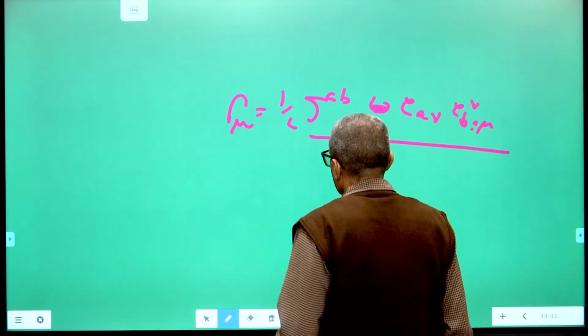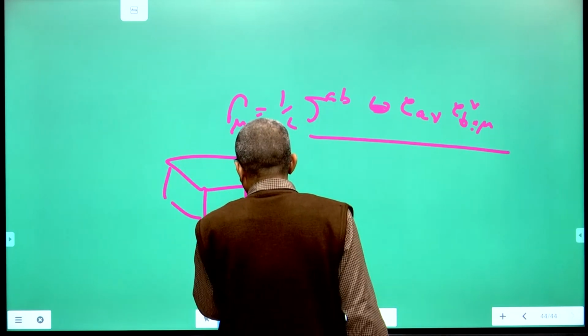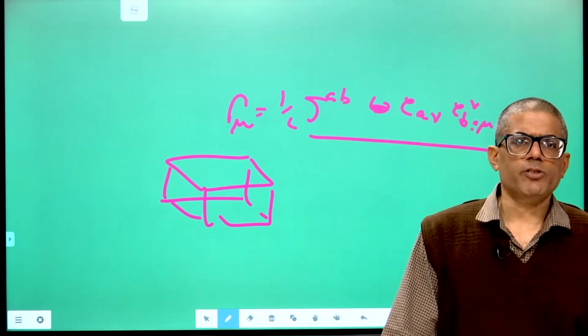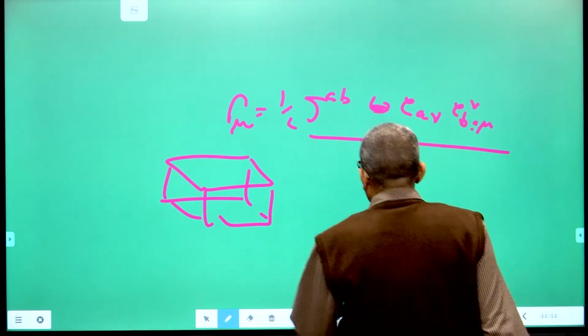Now if you have a system of particles, let us say you have a cavity resonator inside which you put particles, electrons, positrons and photons. The electrons and positrons satisfy Dirac equations in Kerr space time, whereas the photons satisfy the Maxwell equations.